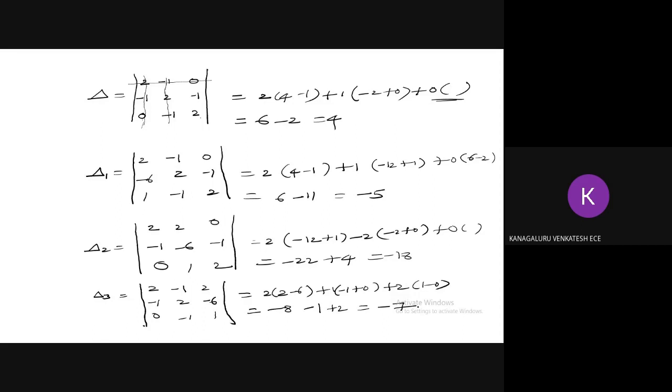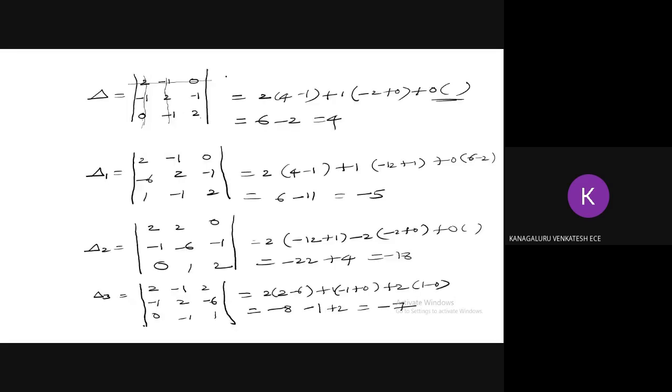Now, to find out, V1 is nothing but delta 1 by del. And then V2 is nothing but delta 2 by del. V3 is nothing but delta 3 by del. So what is delta 1? Delta 1 is minus 5 divided by 4 volt.